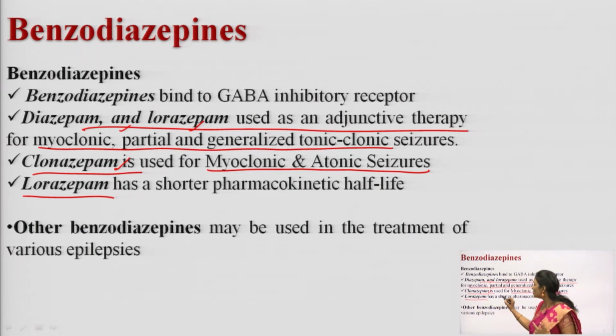Clonazepam can be used in myoclonic and atonic seizures. What about diazepam and lorazepam? They can be used in myoclonic seizures, and apart from myoclonic seizures, in generalized and partial seizures like tonic-clonic seizures. And other benzodiazepines are also used to treat various epilepsies.